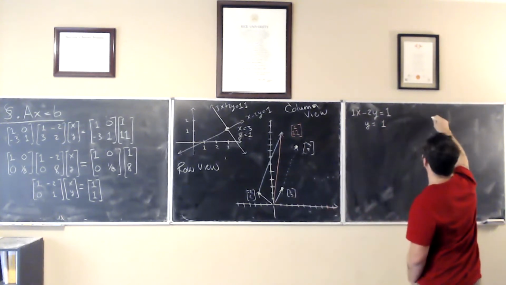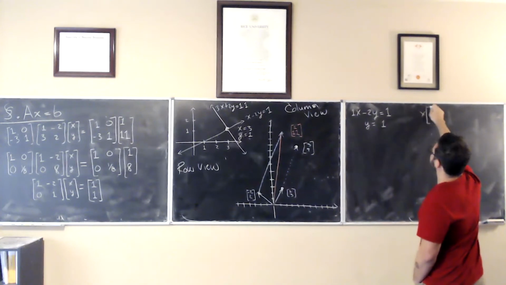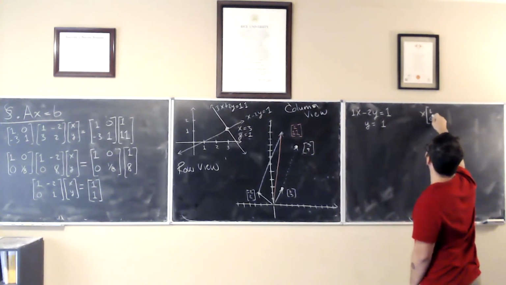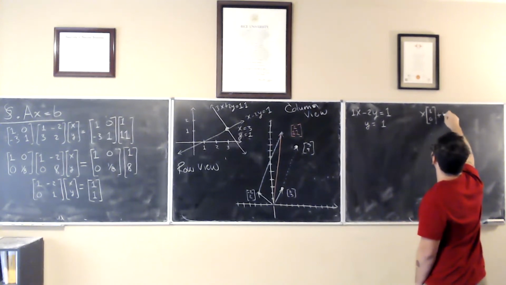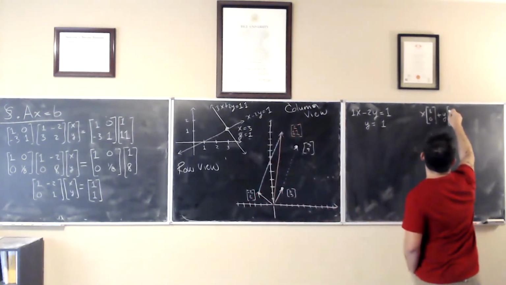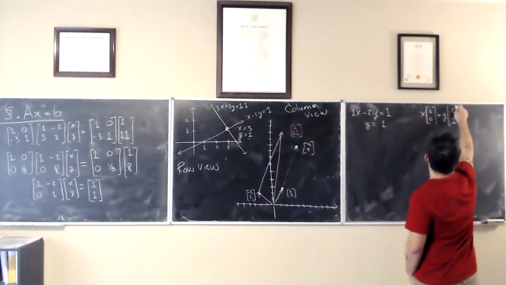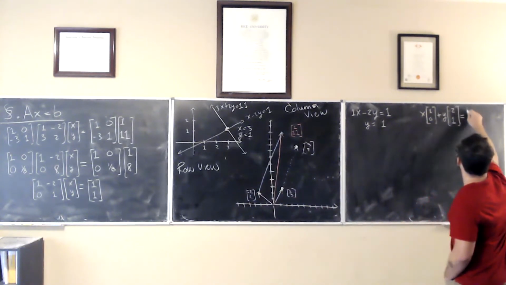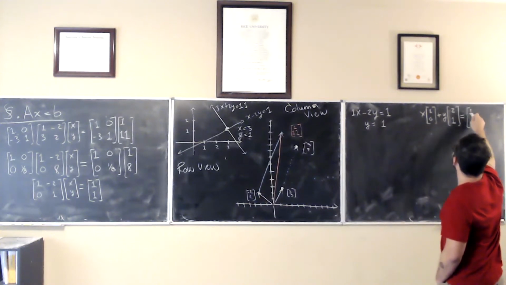The column picture is x times 1, 0 plus y times -2, 1 is equal to 1, 1.